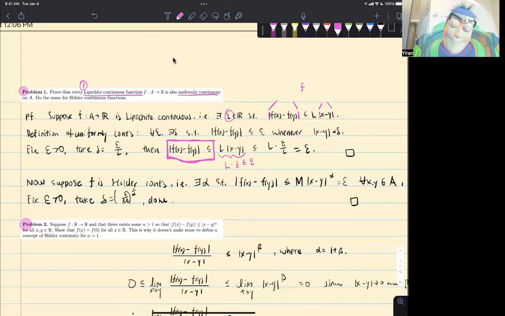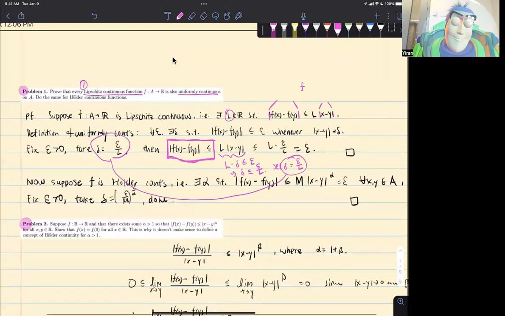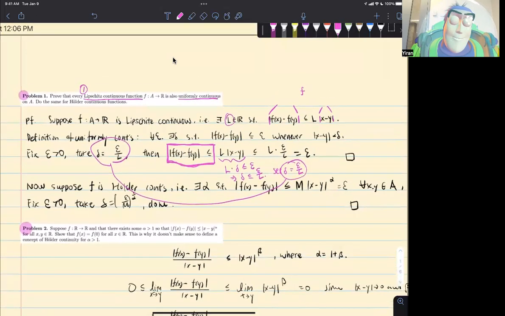So this gives you a hint that delta should be smaller than or equal to epsilon over L. Therefore, set delta equal to epsilon over L. And that's why earlier I took delta equal to epsilon over L. So we're done.